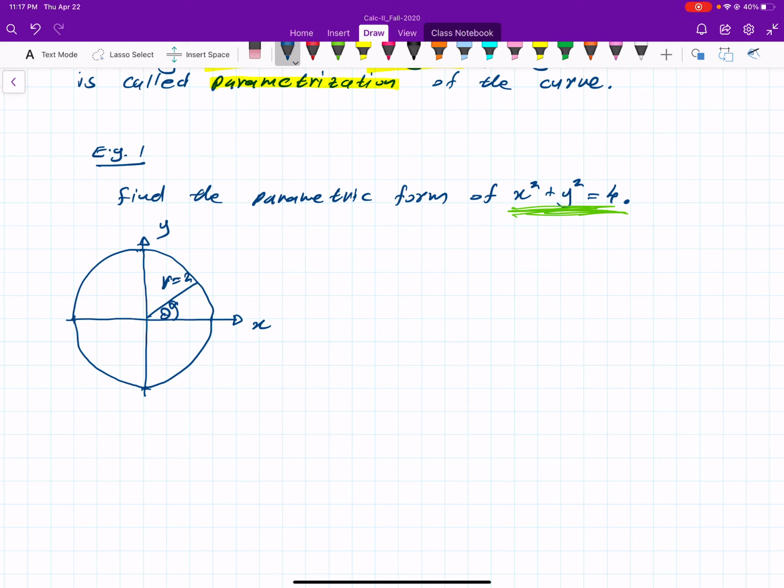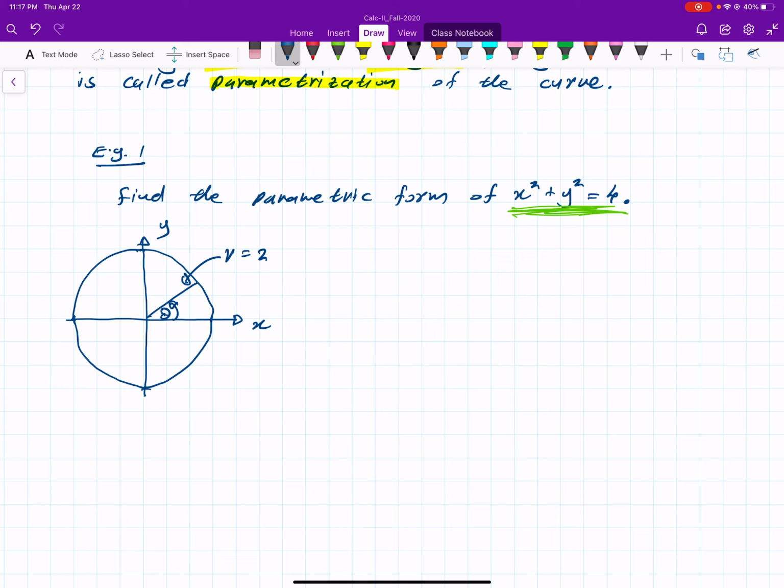Now you can use your trigonometric knowledge for that. Let me take this part out. That is the radius, which is 2.